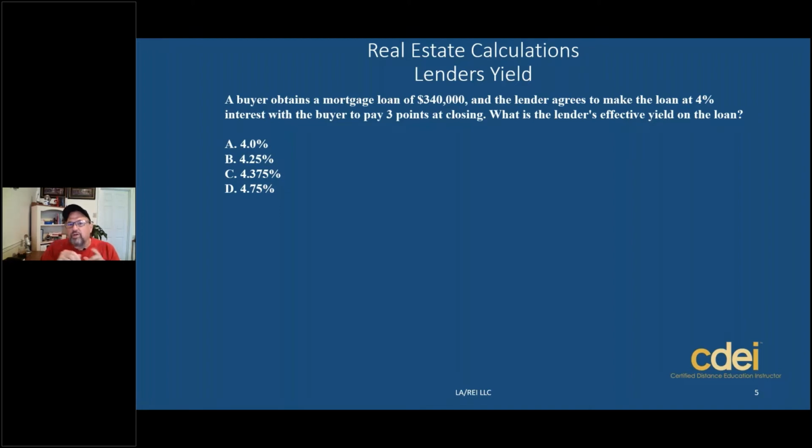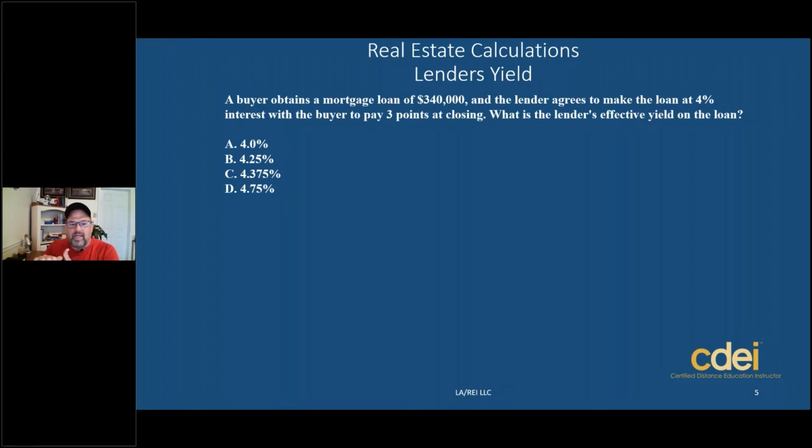But there's another question they can ask you on discount points: what's the lender's effective yield on the loan. So they can ask you two questions. One, how much does it cost the borrower to buy discount points? And two, what is the lender's effective yield on that loan for the amount of discount points bought?